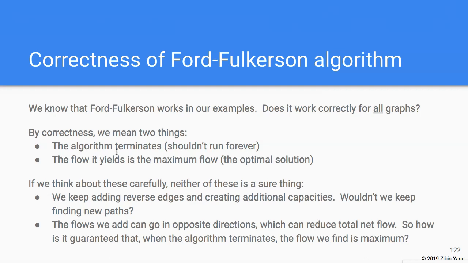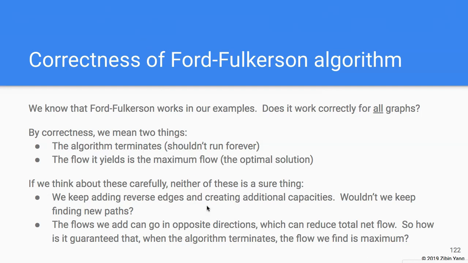And the second is that the solution it returns is the optimal solution. So in the case of the max flow problem, we want to make sure the flow it returns is the maximum flow.